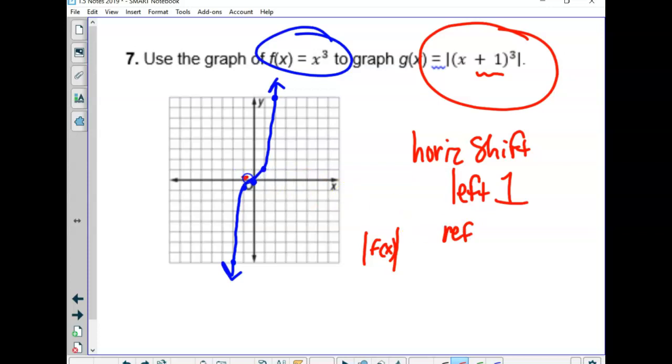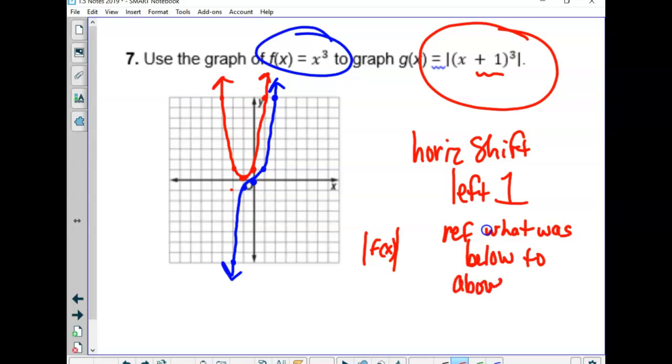So we're going to shift everything to the right 1. And then the piece that used to go down here is now going up. It looks like a parabola. Basically it just makes everything above that.